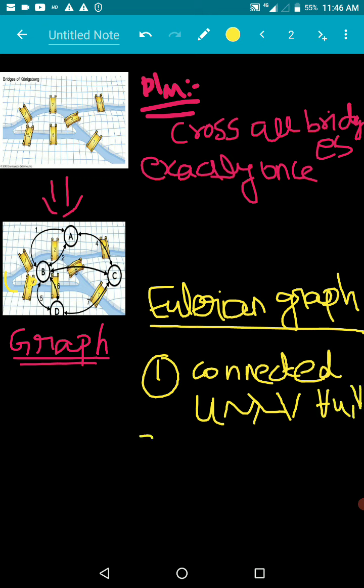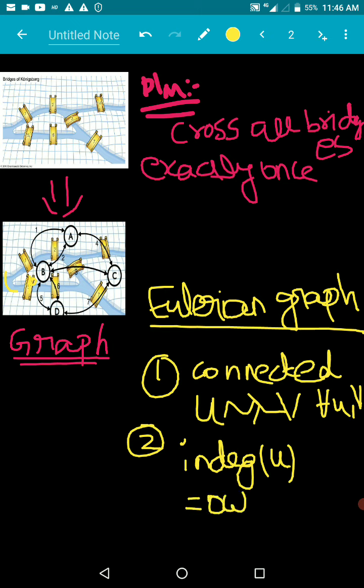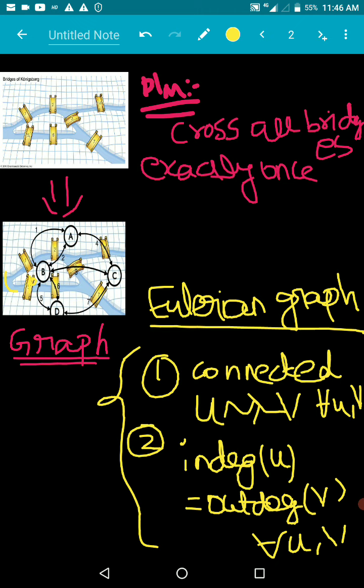And the second rule is that the in-degree of v is equal to the out-degree of v for all vertices. If both conditions are satisfied, then the given graph is always a Eulerian graph, which means I can visit all the bridges exactly once.